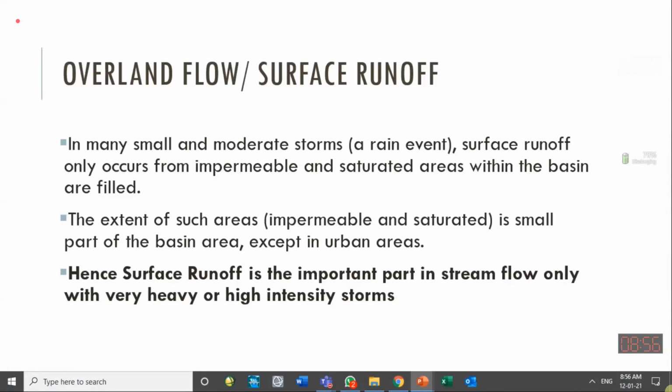Because they know urbanization will convert permeable areas into impermeable areas. Previously, it was simply soil placed over there. Now people will construct houses, and bulk of that area will be converted into impermeable surfaces. So what will be the effect on hydrology? Precipitation will occur, more surface runoff will occur, infiltration will reduce.